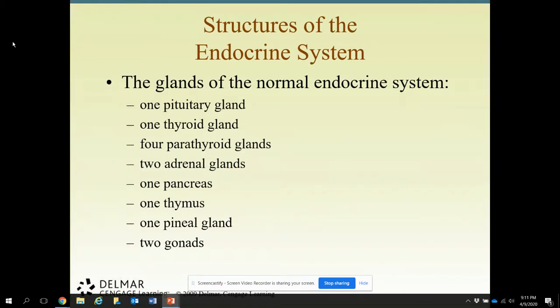The glands of the normal endocrine system are the pituitary gland, the thyroid gland, the 4 parathyroid glands, the 2 adrenal glands, 1 pancreas, the thymus, the pineal gland, and 2 gonads.